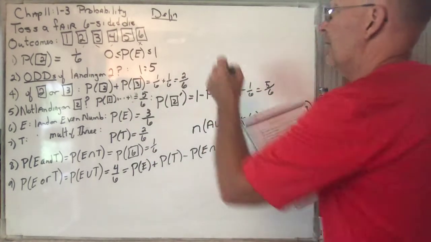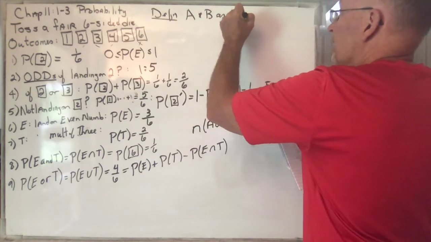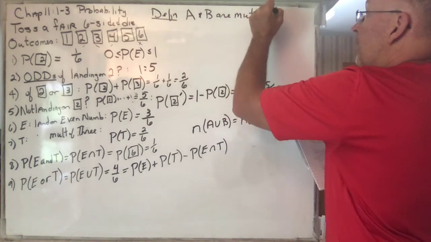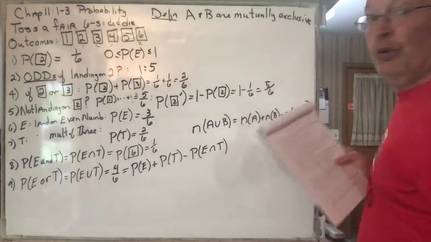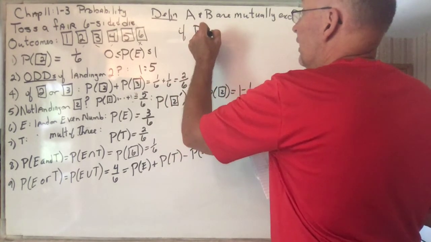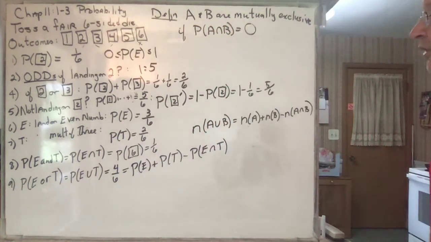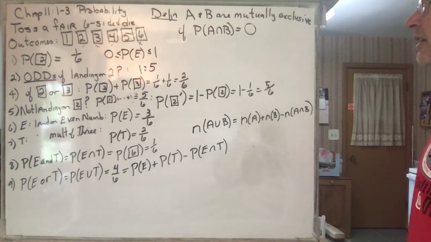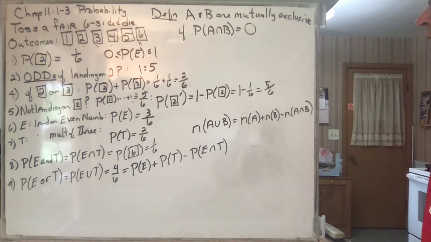A and B are mutually exclusive if the probability of A intersect B is equal to 0. Means that there's no chance that something can be in both of them. Okay, that both of them occur at the same time. If one of them occurs, you know the other one did not occur.